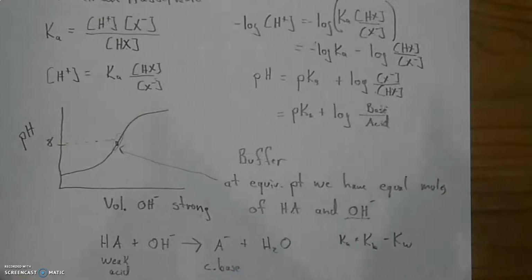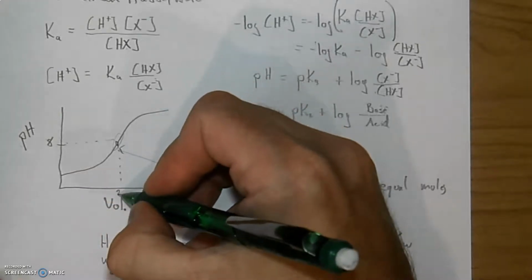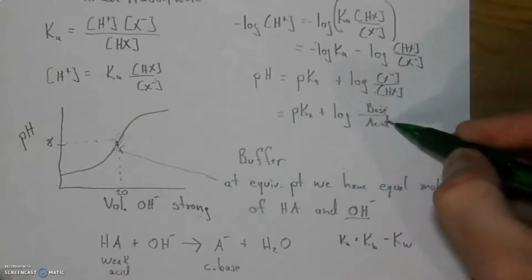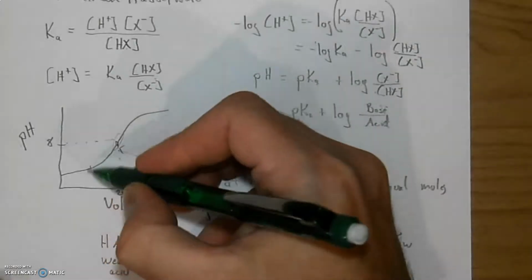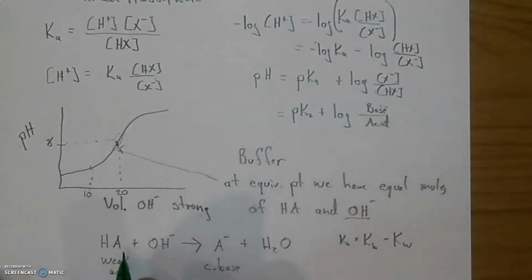So if we're talking about a perfect buffer, where should that be? Let's just pretend this is 20 mL. If it took me 20 mL to get rid of all of the acid, and a perfect buffer is 50-50, then I really want to be at about 10 mL. Because at 10 mL, I have removed half of the acid and transferred it over to the base because of the completion aspect of OH.